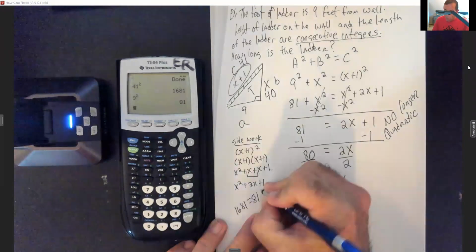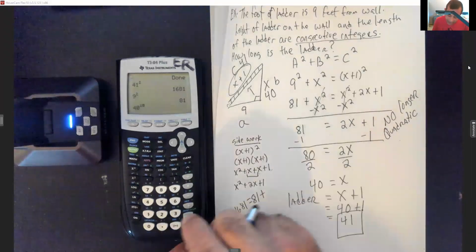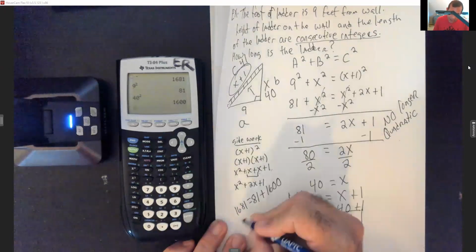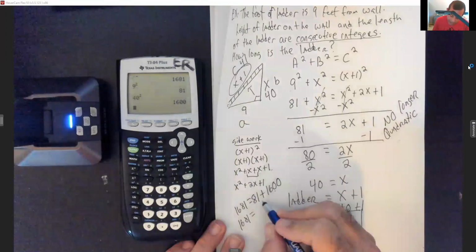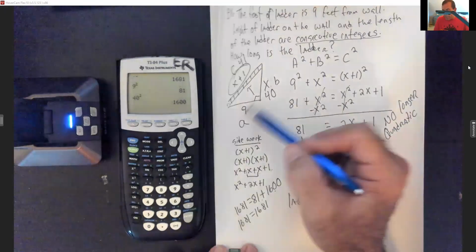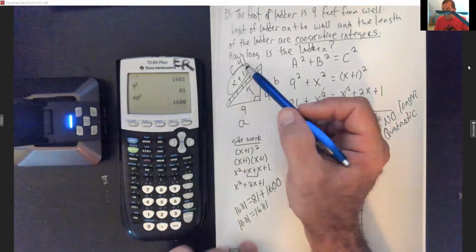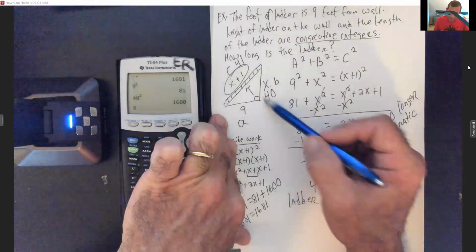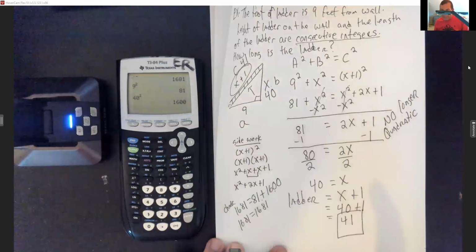Add that to the 40 squared, which is 1600. Oh, y'all look at that. 1681 equals 1600 plus 81, which is 1681. So when you get your 3 numbers, you can always square this side and see if it equals this side added to that side after you square them. So I'll just sort of check in here. So the ladder, 41 feet.